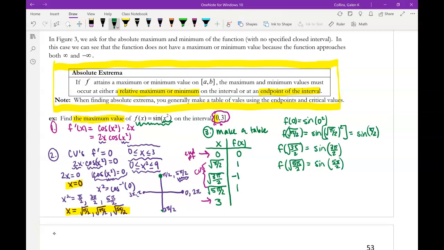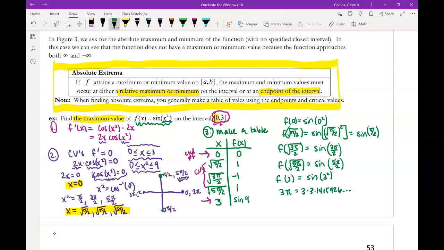Now, I don't expect you to know what the sine of 3 is, or rather 3 squared. So when I plug in 3, I get the sine of 3 squared, and in my table, I'm just going to write that that is the sine of 9. But if I think about where 9 would be on my unit circle, we know 3 times pi is 3 times 3.1415926, and so on.